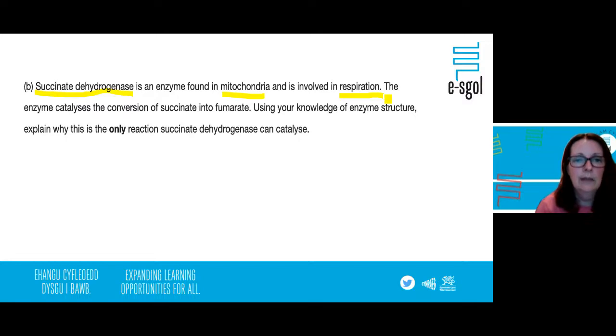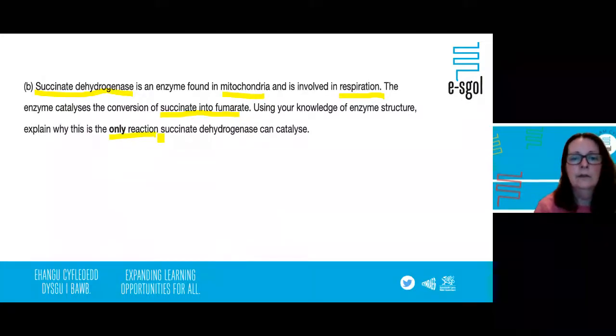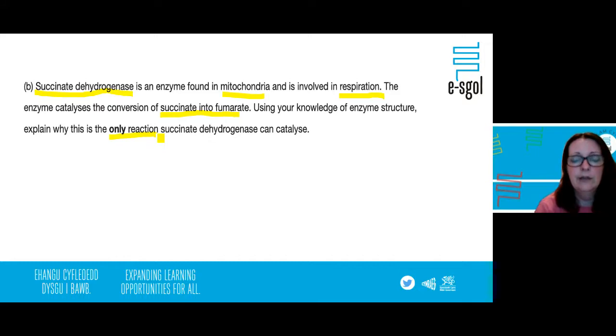The enzyme catalyzes the conversion of succinate into fumarate. Using your knowledge of enzyme structure, explain why this is the only reaction that succinate dehydrogenase can catalyze.